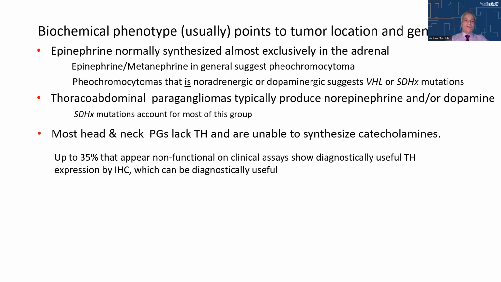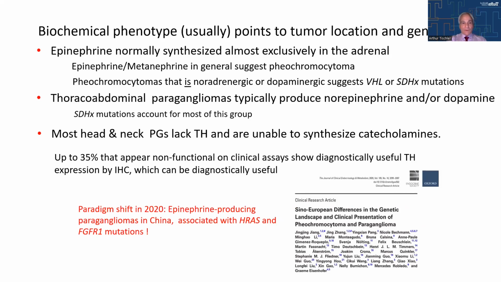But it should also be remembered that up to 35% of the head and neck tumors that appear non-functional on clinical assays actually show tyrosine hydroxylase expression by immunohistochemistry, and that can be diagnostically useful in some cases.